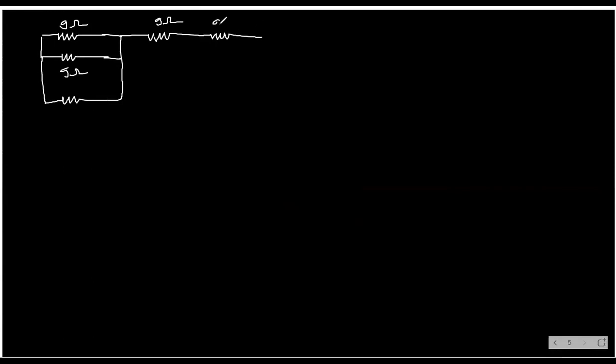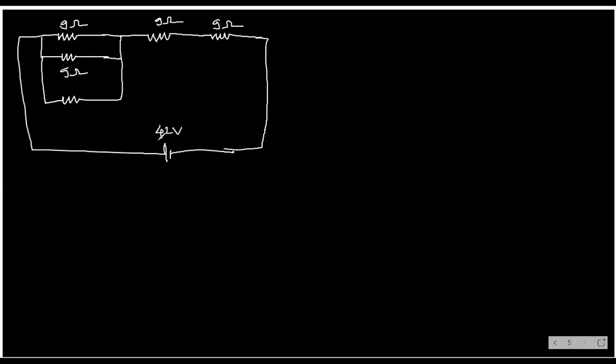Yes, sir. And this is also 9. And this is the battery whose potential is 42 volt. And this is I1. This is I2 and this is I3. This is also 9 ohm.